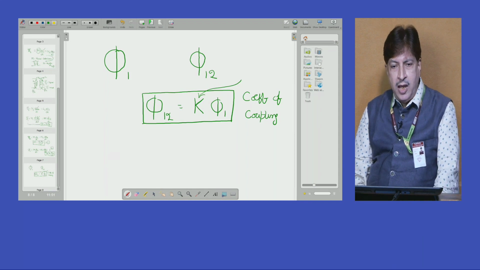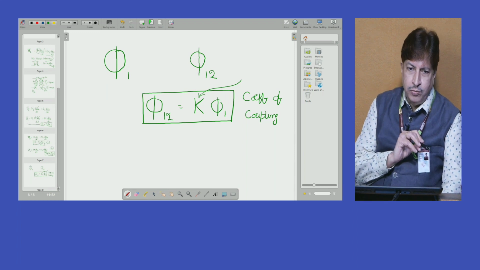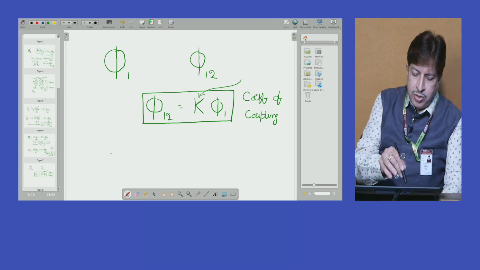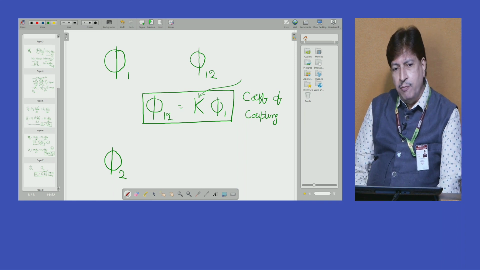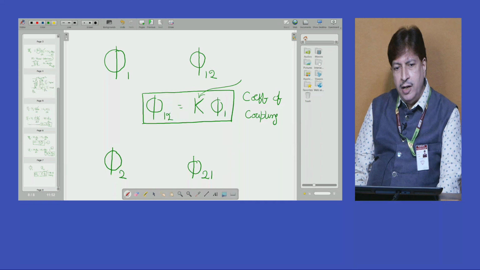The same K can be expressed in a different way also. For example, just now we discussed that when coil number 2 is given current, the main flux developed around coil number 2 is phi 2, and a part of this flux linking the first coil we denoted as phi 21.